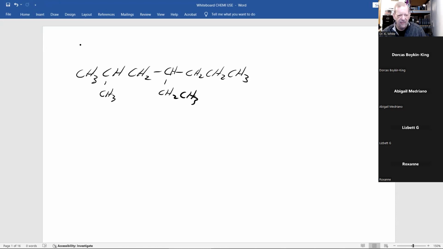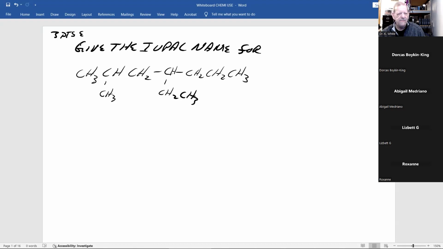In order to name this, and this is a nomenclature question, I could ask, give the IUPAC name for the following. Say one of the questions would be this structure.